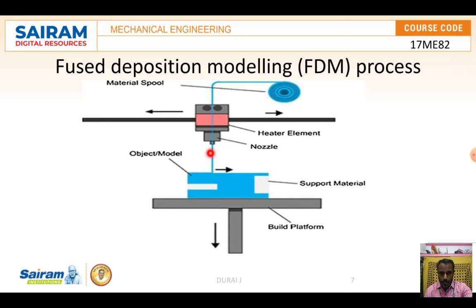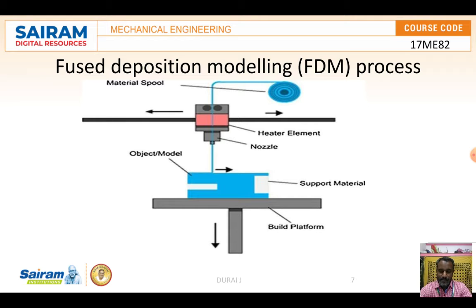The molten material comes out and forms layer by layer, and once it is formed on the build platform, it solidifies. The platform then descends, and the next layer is extruded upon the previous one. This continues until the model is completed.